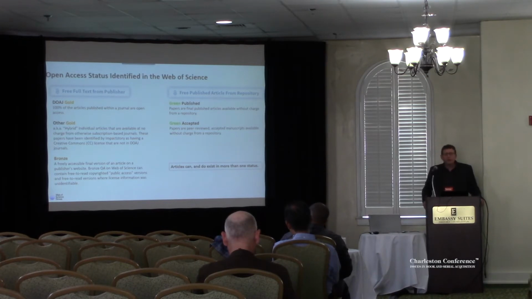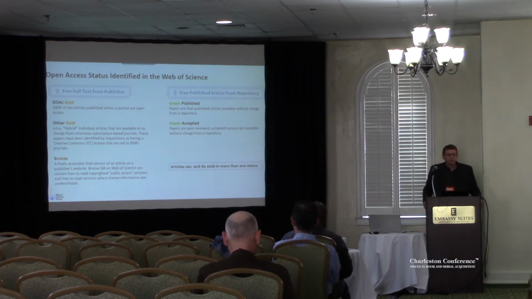Green. So green is that material that is placed within institutional repositories or a subject-based repository. It's open content, can exist in two statuses: articles that have already been published or material that has been accepted. And we're very, again, getting back to content and the importance of quality content.